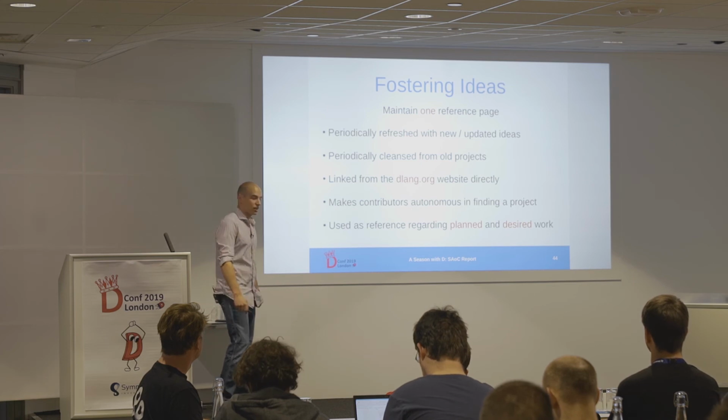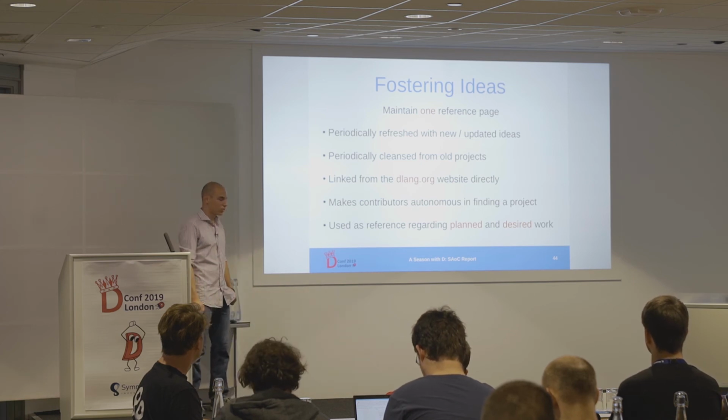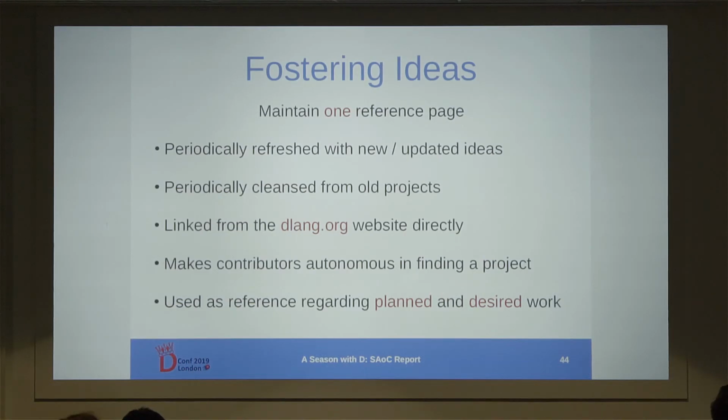So my suggestion here, and it's something which can be worked on, is to put some effort into maintaining one reference page, which can be periodically refreshed and cleansed of new ideas and old ideas. It can be easily reachable from the dlang.org website, because you don't want someone who wishes to contribute to have to navigate through the whole wiki to find it.